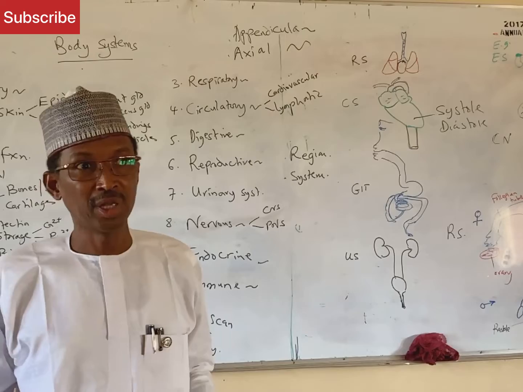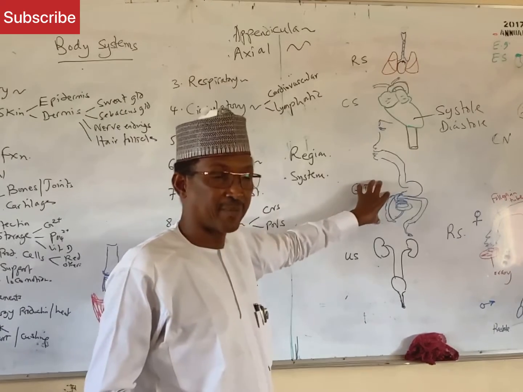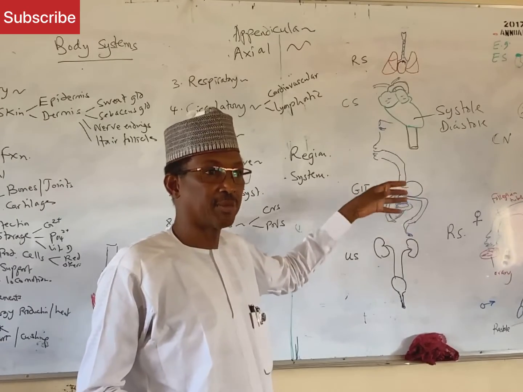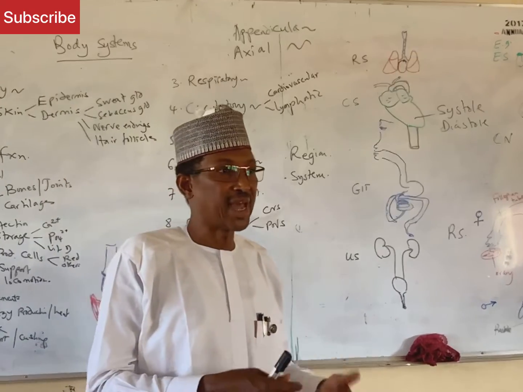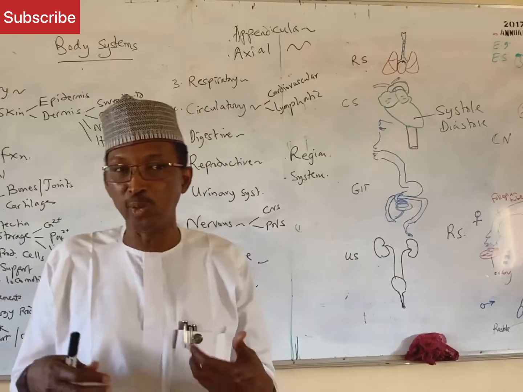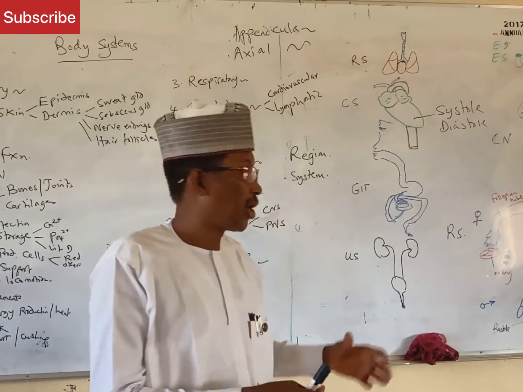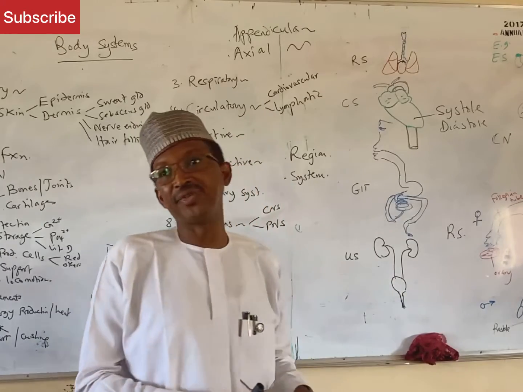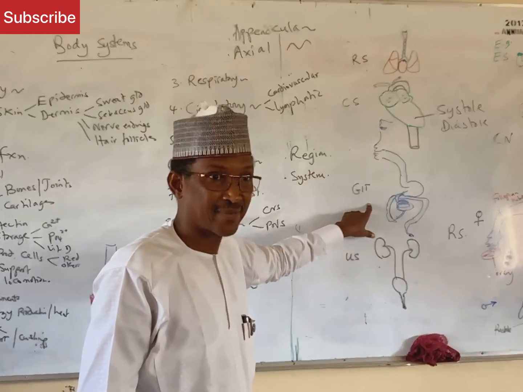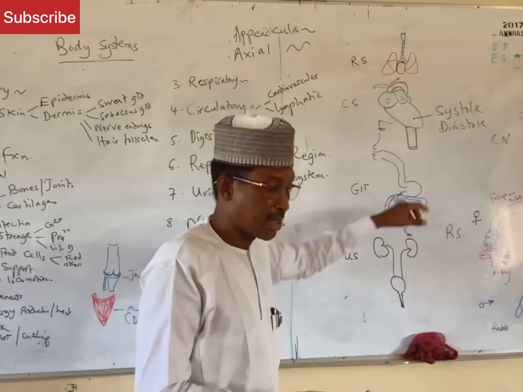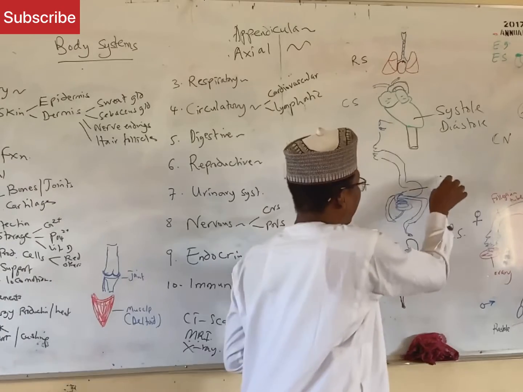You get my point? So that is what we call the digestive system. It is a system that tries to digest whatever we eat or drink, and then utilize the portion of that food or drink that we took, and then the waste is brought out as feces. That is what we call the gastrointestinal tract, because the stomach in Greek is called gastric.